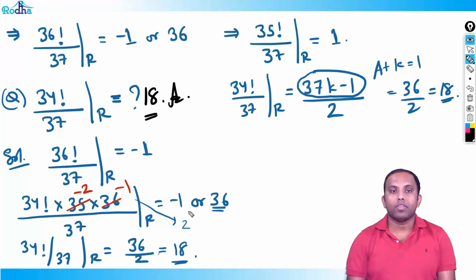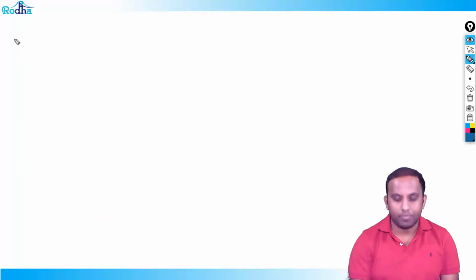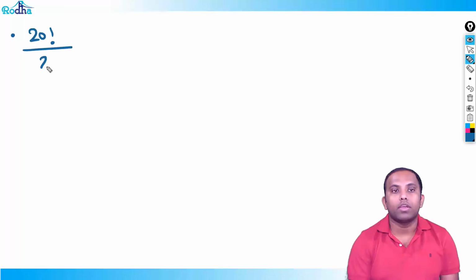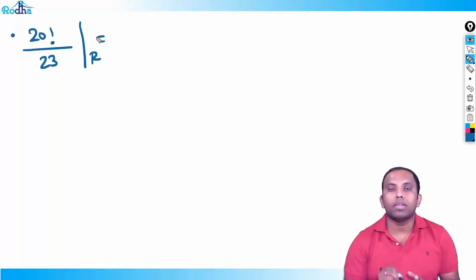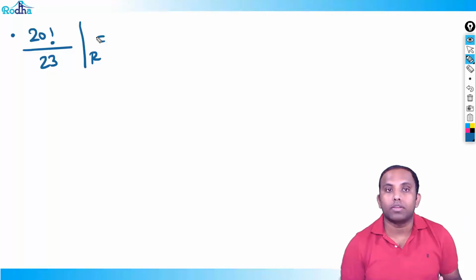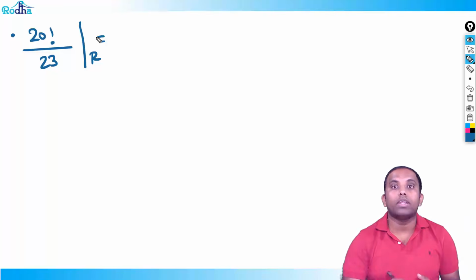Fine. One more question we'll do to get clarity. Suppose I take 20 factorial by 23. What is the remainder? In this type of question, I'm taking 3 steps back from the denominator: 23, so it is 20, 3 steps back. Again, the same thing I'll do.